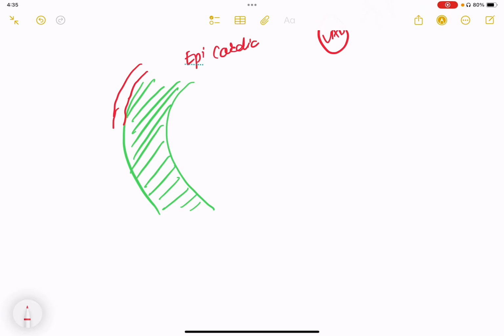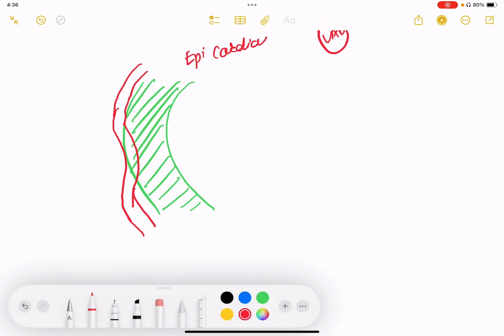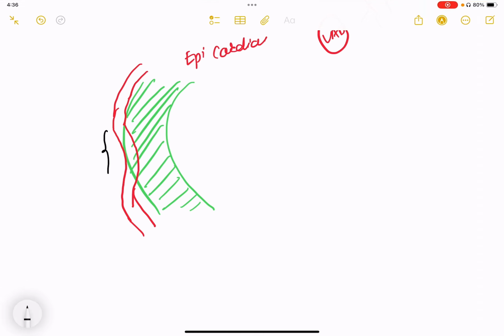Some portion of the left anterior descending artery, or any artery, it can be left circumflex or right coronary artery, gets embedded into the muscle. So this portion is actually a bridge between this portion of epicardial artery and this portion of epicardial artery. This is the intramuscular portion of the artery.